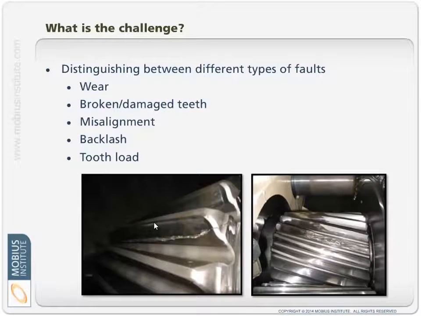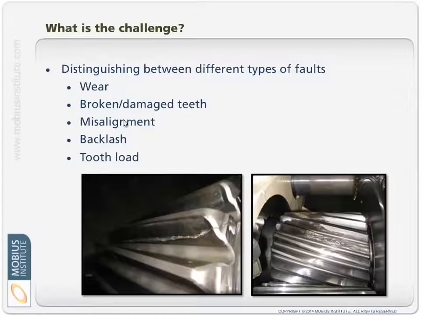In addition to taking the measurements correctly, we need to be in a position to detect various kinds of faults. The more severe faults, such as tooth damage, or there could be multiple teeth that are damaged. There could be anything from cracks to complete loss of metal, as in the case here. But we are also looking for increasing wear.